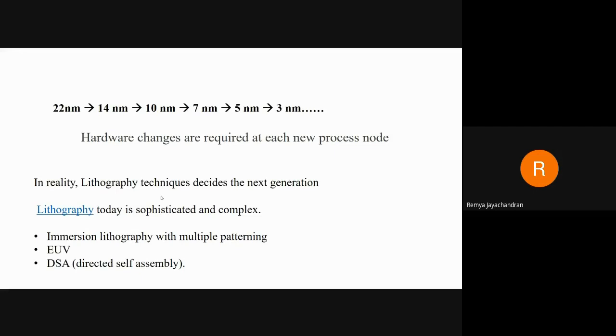The research is going on, but to make it a reality, the lithography techniques have to be improved and modified so that they can develop the 10 nanometer or 7 nanometer or more reduced feature size. The currently used lithographic techniques are immersion lithography with multiple patterning, EUV, and DSA, that is directed self-assembly.